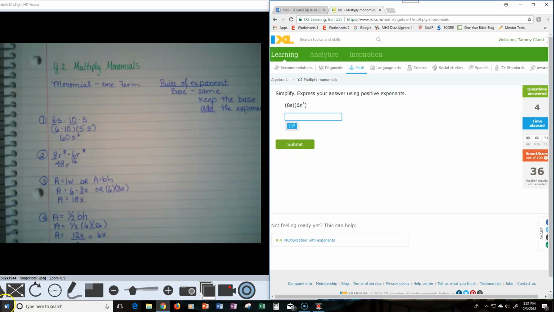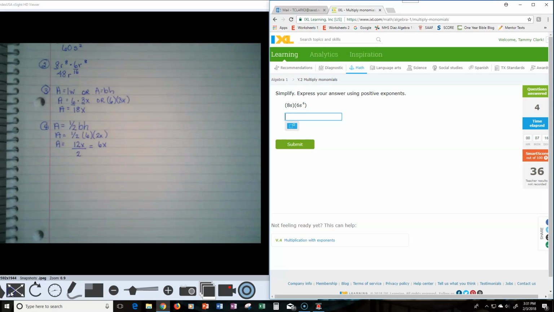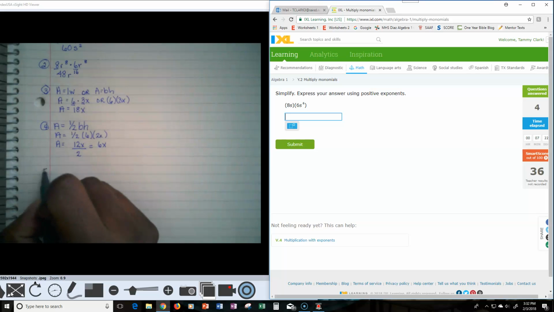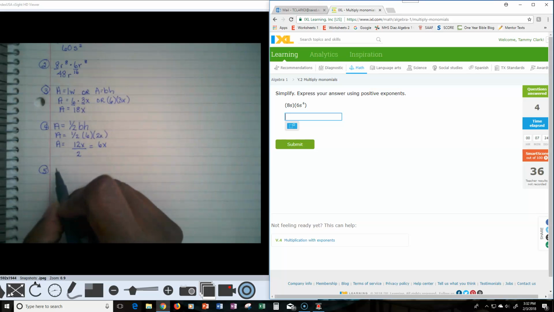Let's go ahead and start looking at a little bit more difficult ones, and not difficult because you can't do them, but just because they've upped the exponents on us. Now these are just like we did in numbers 1 and 2. So we have not an area question, but just simplify, express your answer using positive exponents. So we have 8s multiplied by 6s to the 6th.